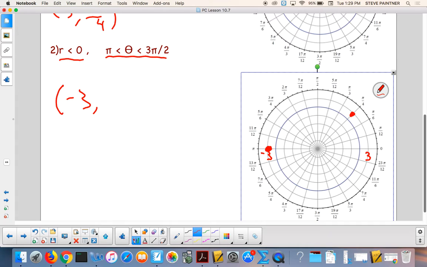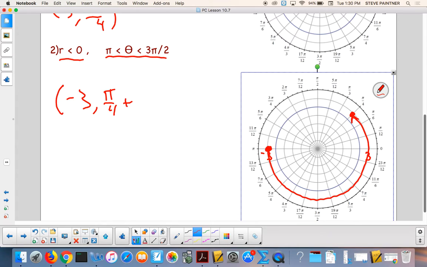Yeah. Is it 5π/4? Yeah. So we have to go all the way around the circle, get to this point, and that turns out to be 5π/4. The way you can think of that is our original point was π/4, right? What did we have to add to get to that point?